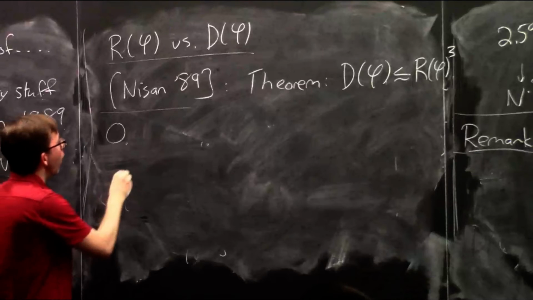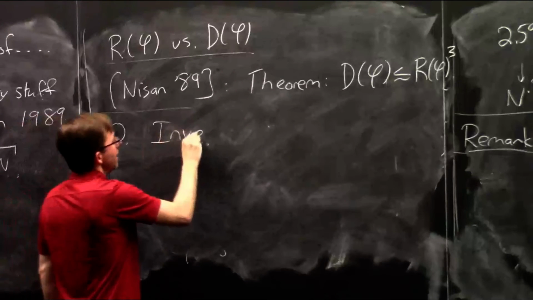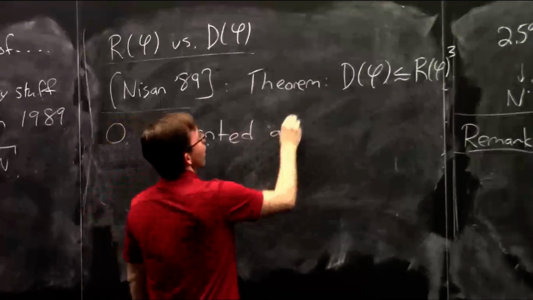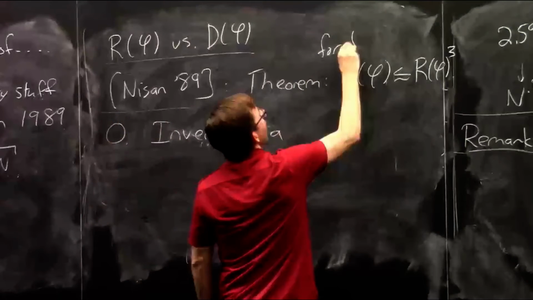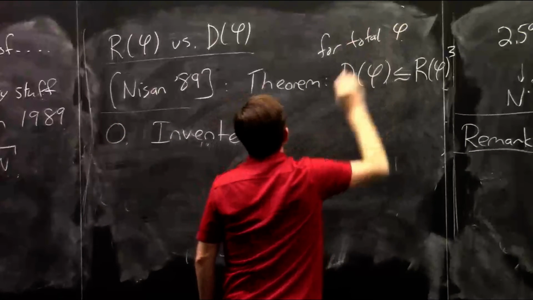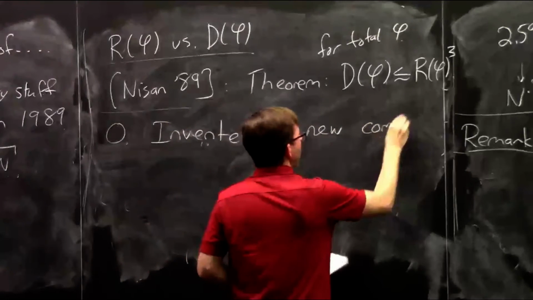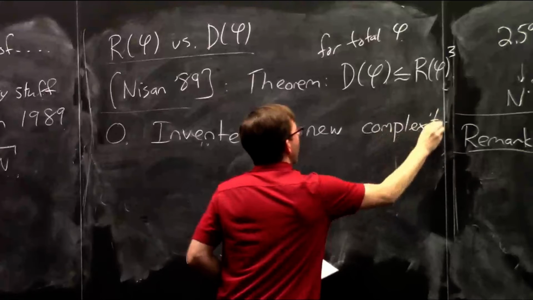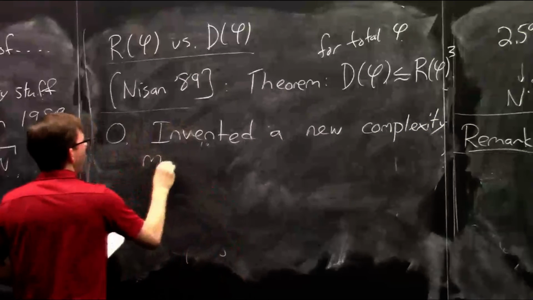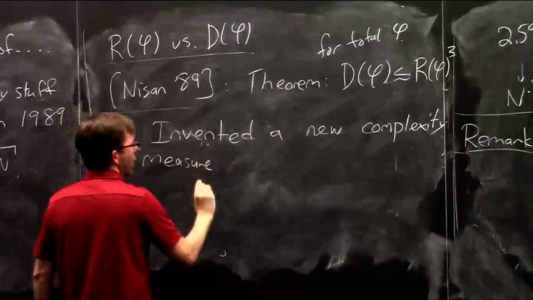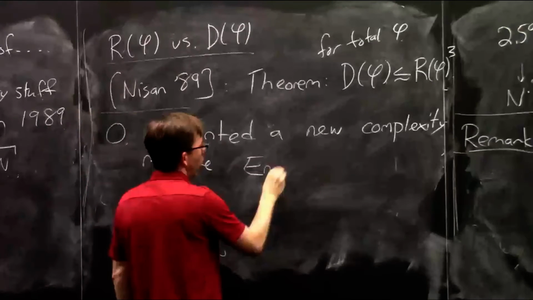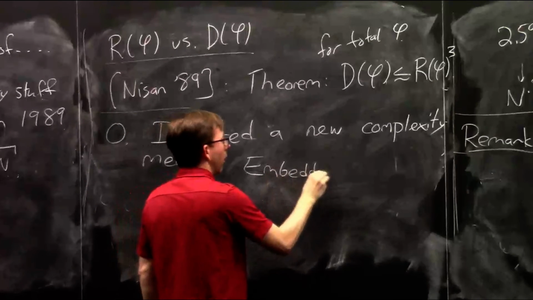So step 0 was he invented a new, oh sorry, this is for total functions. I should have said that. OK, he invented a new complexity measure of Boolean functions, which in this lecture I'm going to call the embedded OR complexity.